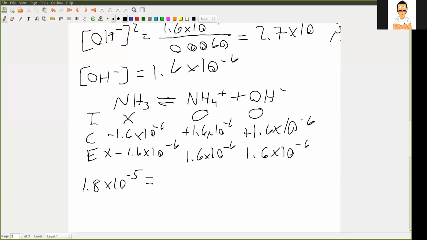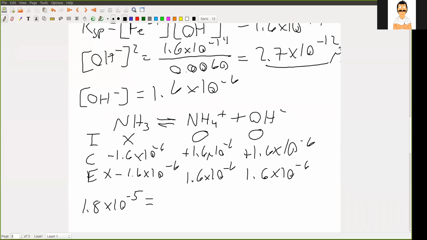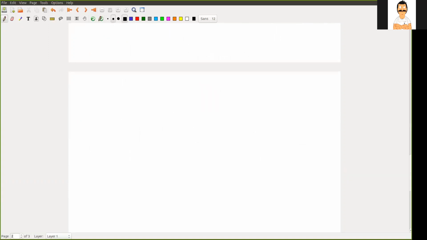And that's why I didn't take the square root initially, because we can just pull that off this number right here. So it's 2.7 times 10 to the minus 12 over X minus 1.6 times 10 to the minus 6.